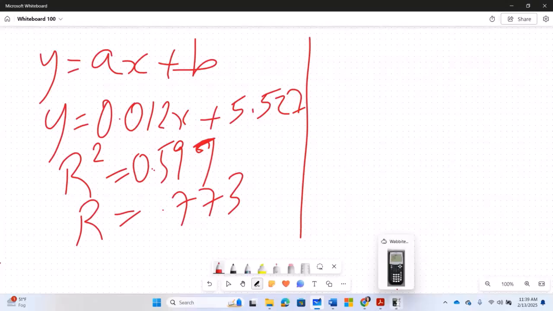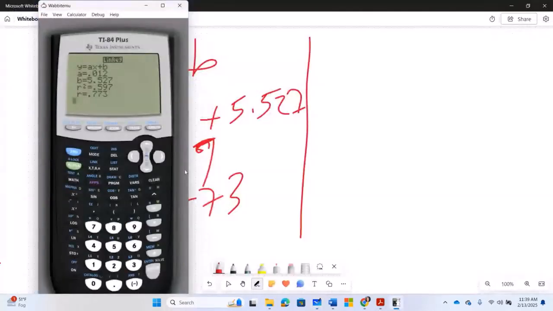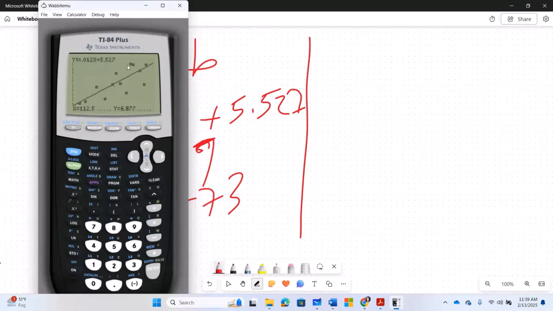If I pull my calculator up again, I can zoom 9 again and it comes out the same. Then I can push trace and arrow down to see the same equation here. So now I have the regression equation, the scatter plot, the coefficient of correlation, and the coefficient of determination.